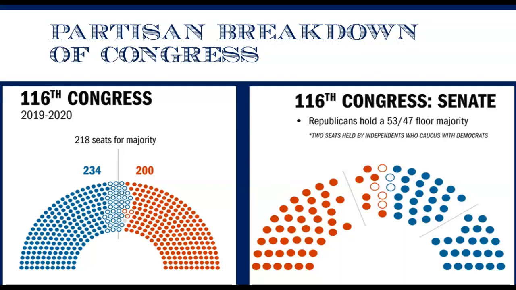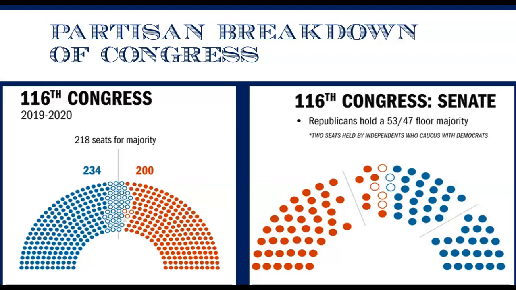So you look at these two slides right here, basically just the breakdown of the 116th Congress, the most recent. If you look at the House of Representatives, you have 234 Democrats and 200 Republicans with one unfilled seat. So definitely a majority in the House for Democrats.